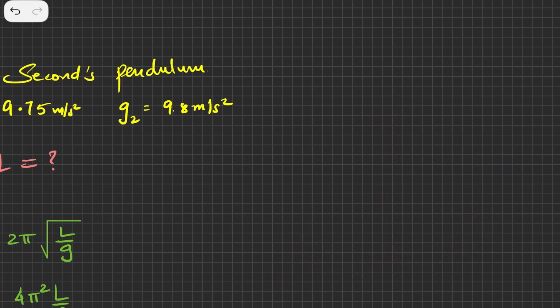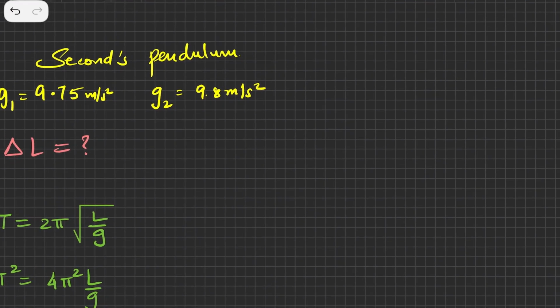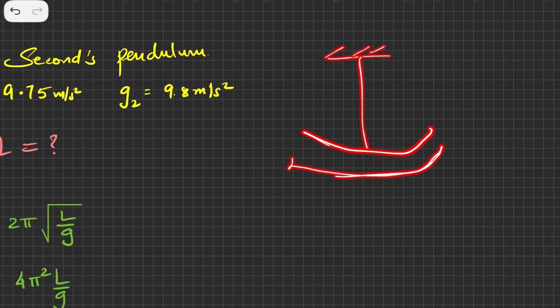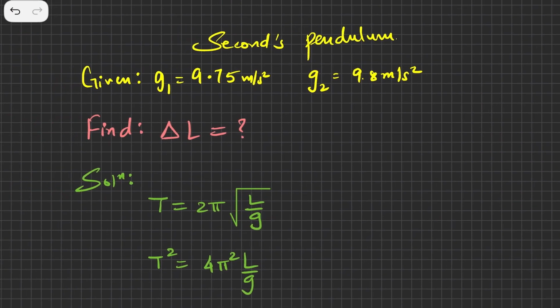So when a pendulum oscillates once, that's called the time period, and if this is 2 seconds, then the pendulum is called a seconds pendulum.